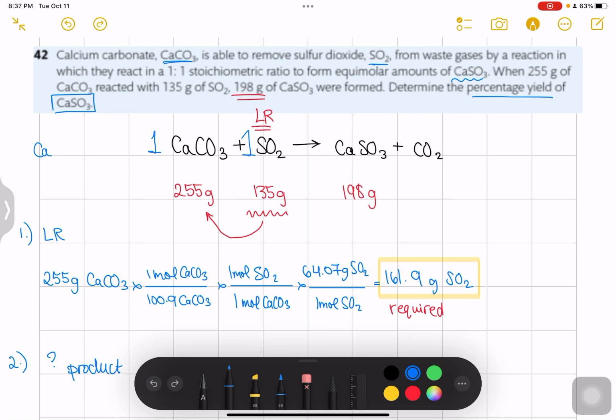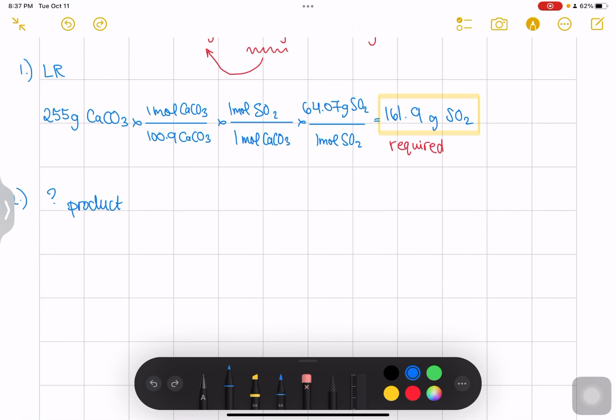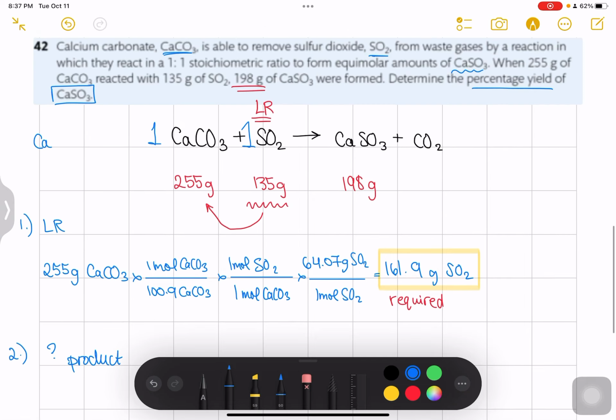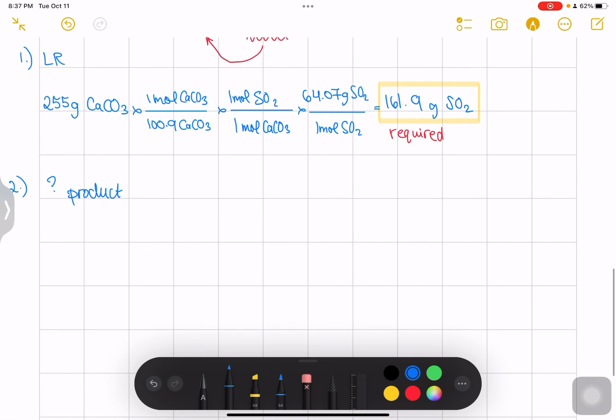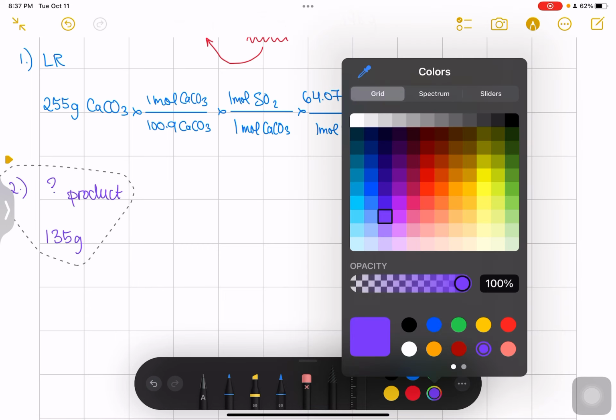Okay. Anyways, going on. We're going to use our 161... Oh, no. I'm sorry. We're not going to use that. We're going to use our 135 grams that we have right now to determine how much product we're going to make.